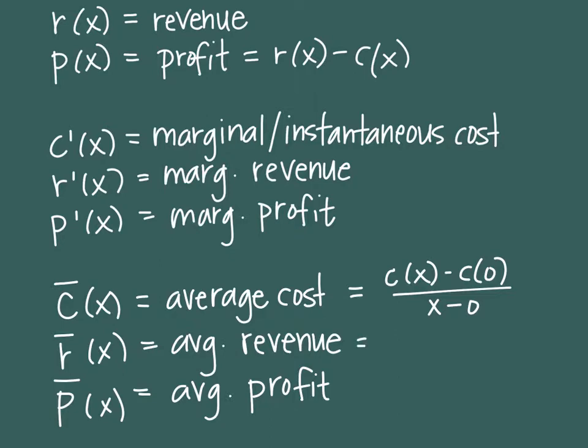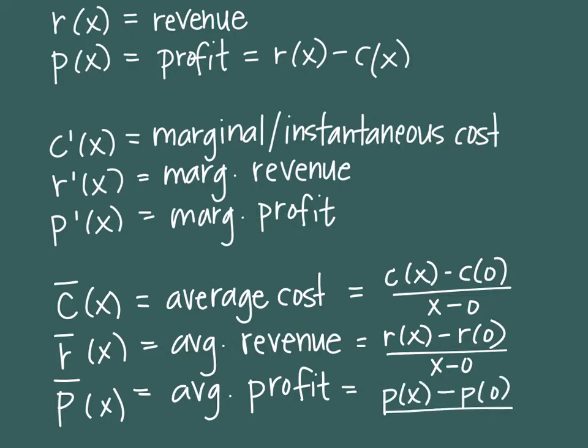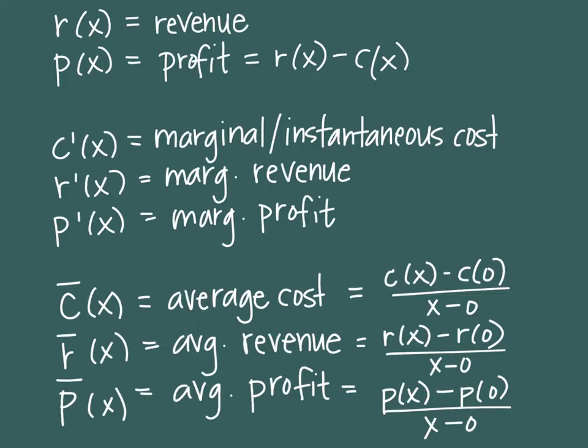All of these are defined the same. So you'll have R of x minus R of 0 over x minus 0, and then P of x minus P of 0 over x minus 0. That's just the definition. And so if they say optimize the average cost, then you start with that function, and that's what you take the derivative of.